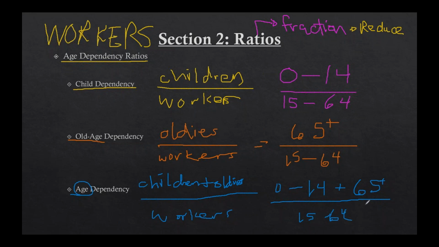These are all part-to-part ratios, which when you watch the videos from section 2, you will have a discussion over part-to-part and part-to-whole. But these are the three new things. All right, now let's do an example. Okay, well, first I should say, any questions about those three dependency ratios?